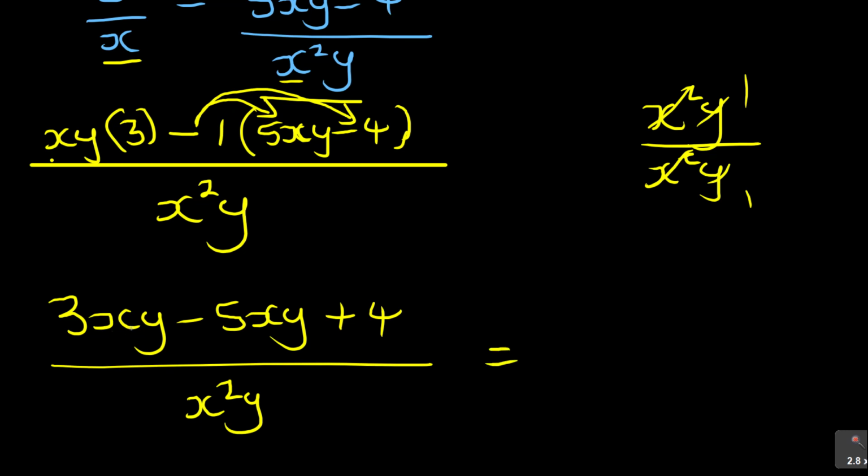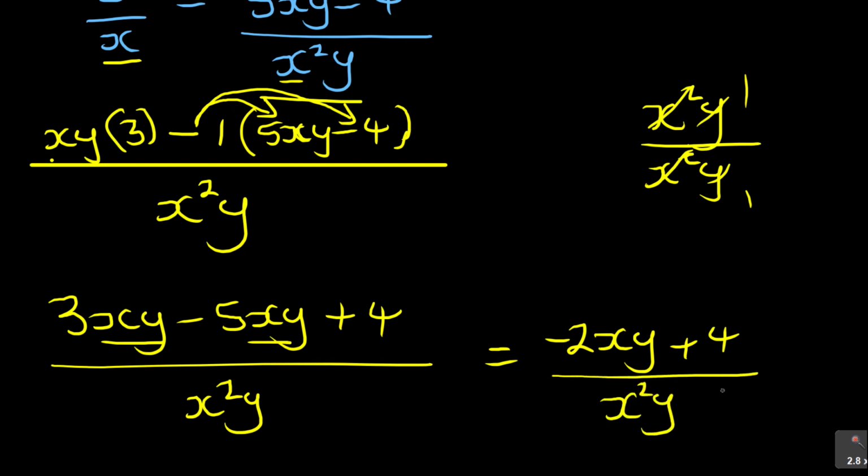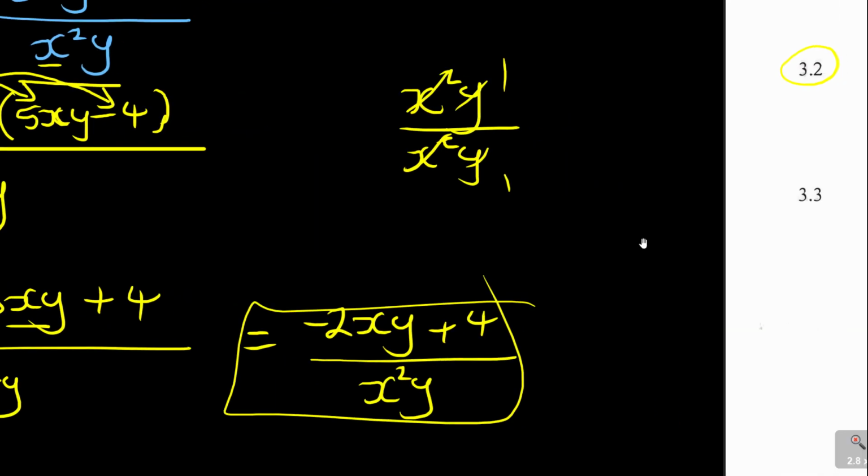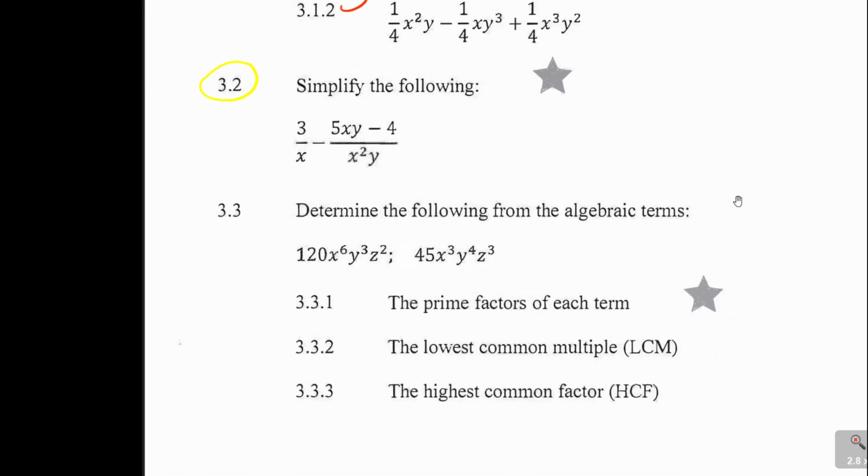Now look at this common factor, xy: 3 minus 5 is minus 2xy plus 4 over x squared y. Then that was the answer. We couldn't do much. You can factorize 2, but you can leave it like that. That is the answer. 5 marks, guys.